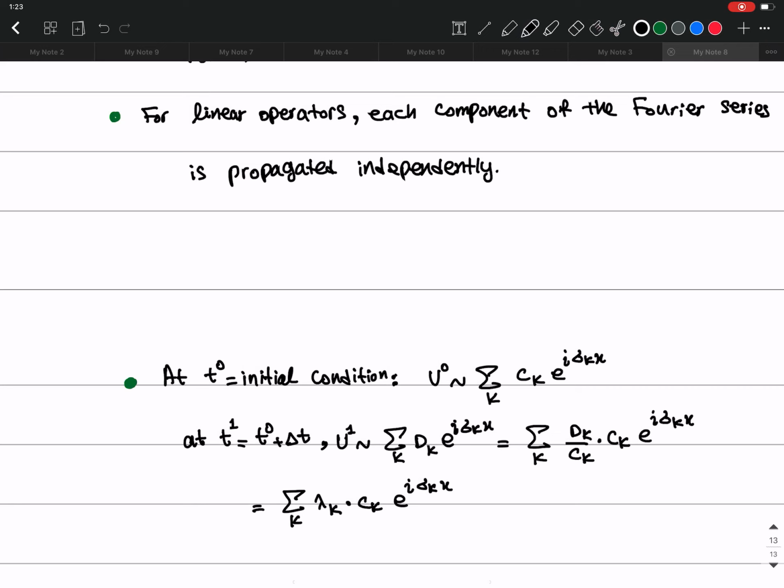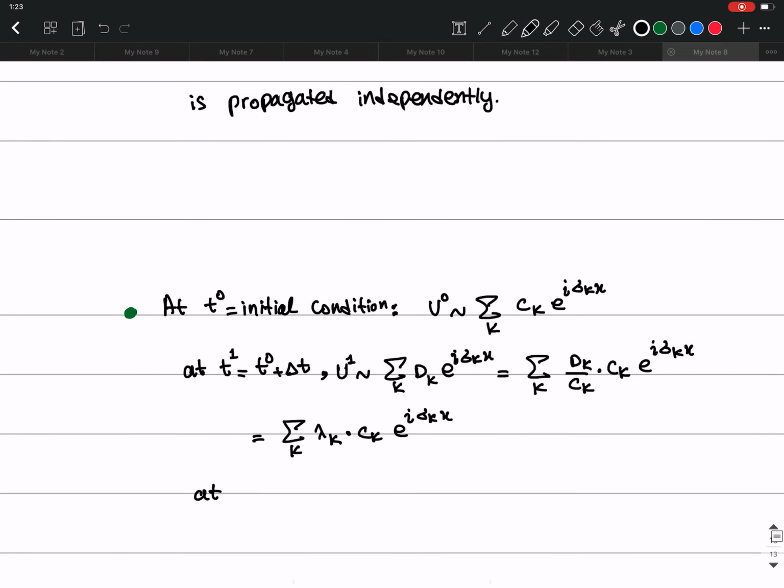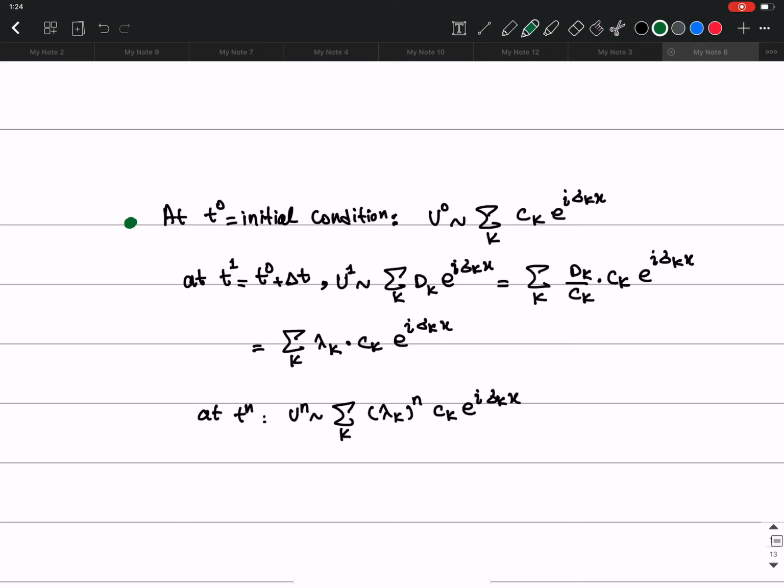Okay, so at tn, un can be written as sigma k lambda k to the power n ck e^(i sigma k x). This is how it propagates in time.